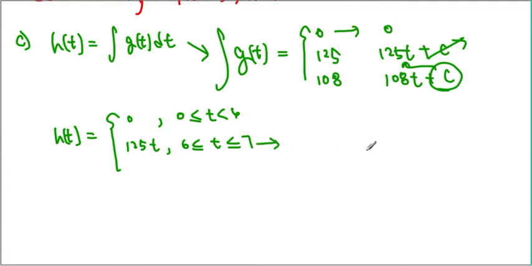One way we can do it is 125 times t minus 6. Then when t equals 6, we didn't begin anything. When t equals 7, it will give us the work done by 1 hour of work.